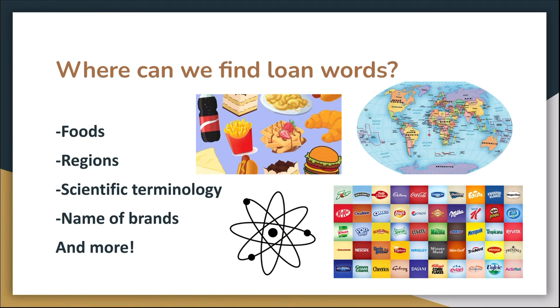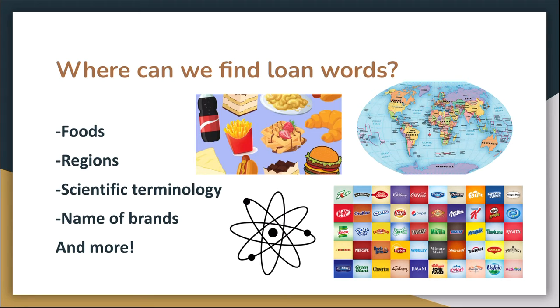Okay, so in real life, where can we find these loanwords? We're actually using a lot more than we think. Commonly, loanwords can be found in names of foods and names of regions. There are so many varieties of foods and regions around the world, and it is hard to change all the names.